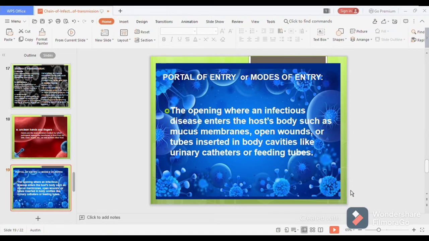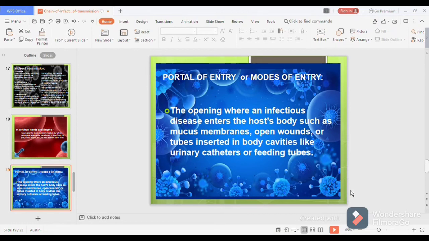So, isa po ni siya kaning portal of entry na maka-access to the tissues which is the toxin can act. Often, infectious agents use the same portal to enter a new host. For example, mga influenza virus exits the respiratory tract of the source host and enters the respiratory tract of the new host.